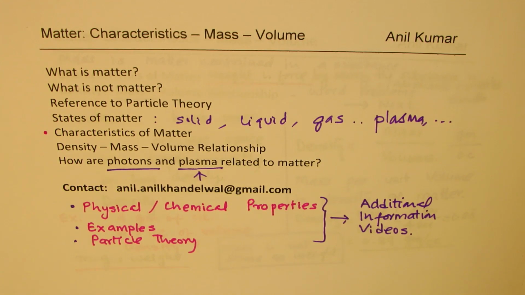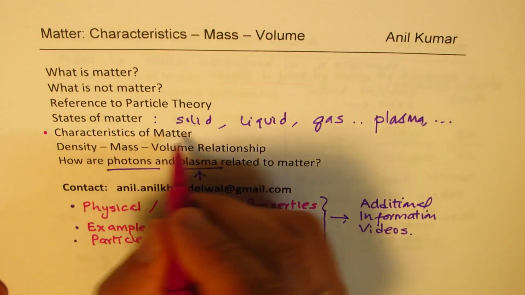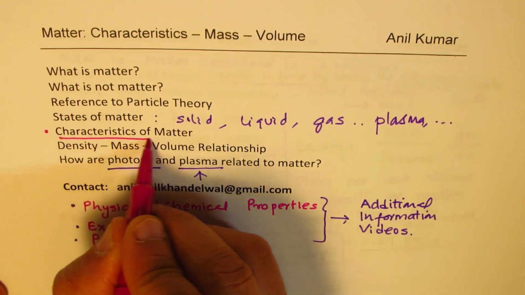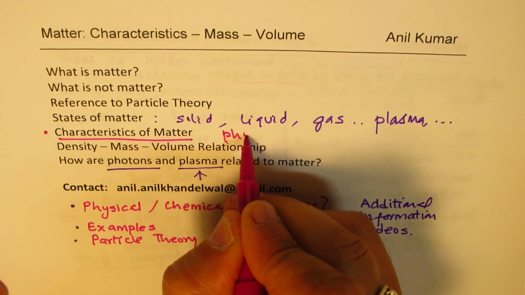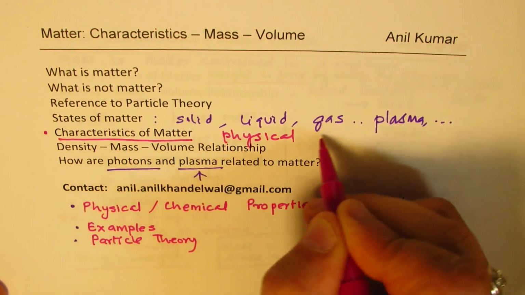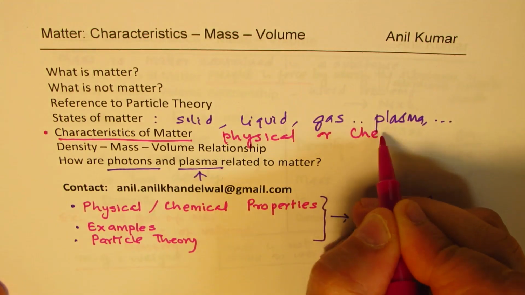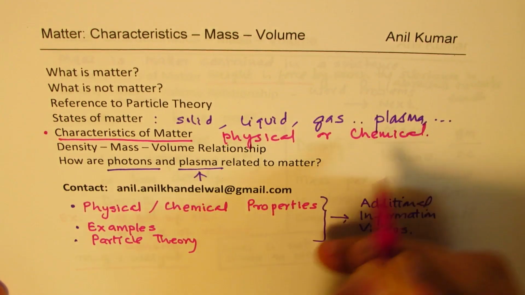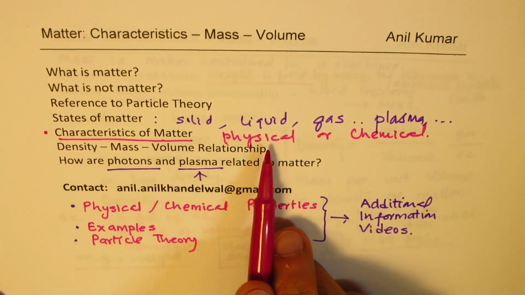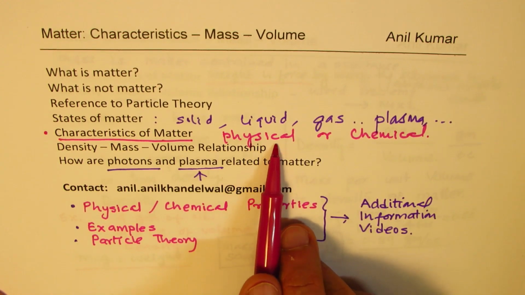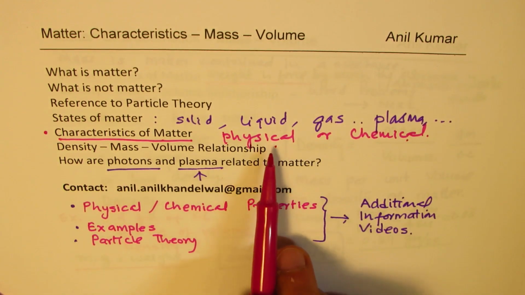About the characteristics, we saw what are the characteristics. Mainly, all the characteristics are only two kinds. So when we say characteristics of matter, we have either physical or chemical. So any characteristic will be classified into either physical or chemical.